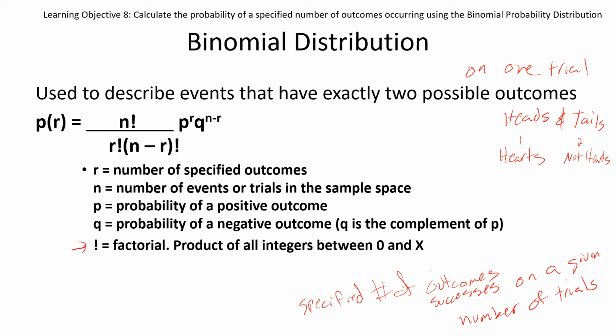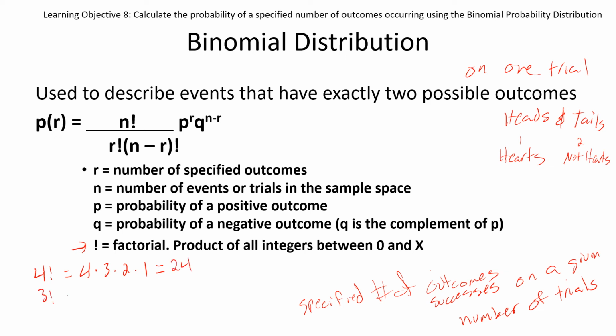The factorial is going to be the product of all integers between 0 and x. What do I mean by that? I mean, if we had, let's say, 4 factorial, it's going to be equal to 4 times 3 times 2 times 1. So in that case, 4 factorial is equal to 24.